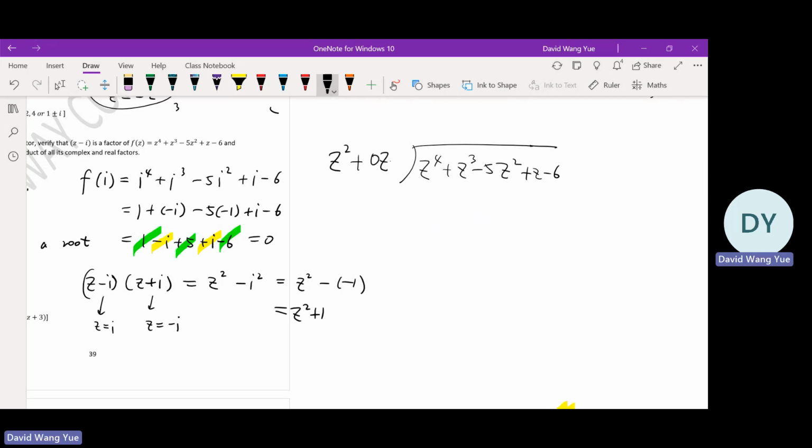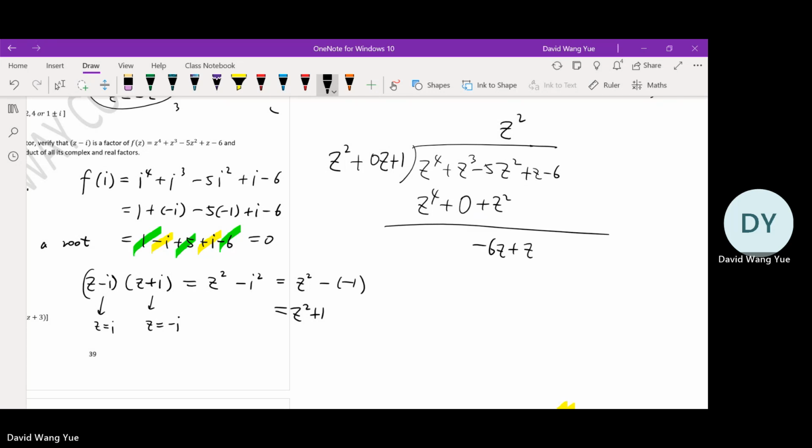But be careful, in z squared plus 1 there is no term for z, so we must add in 0 times z, meaning the coefficient of z is 0. z to the 4 divided by z squared is z squared.